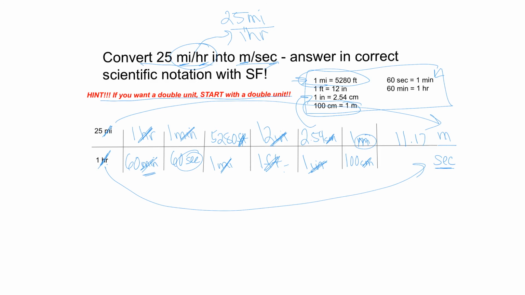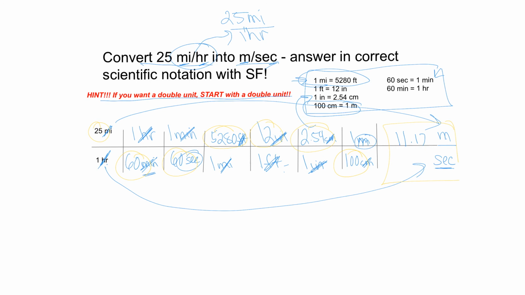Okay? So what did I have on the top? I had 25 times 5,280 times 12 times 2.54, that's all I had on the top, divided by 60, divided by 60, divided by 100. If you do that, you should get 11.17. Okay?